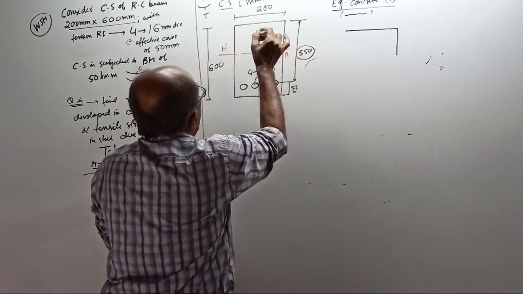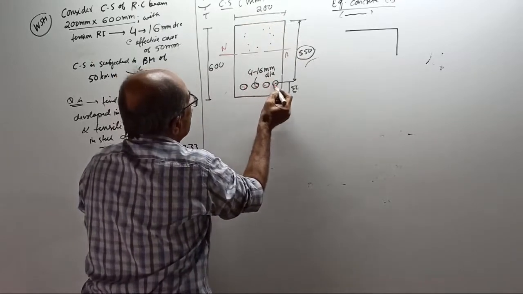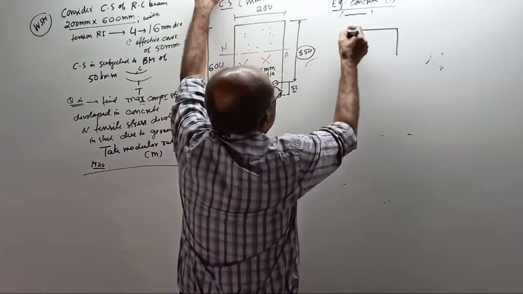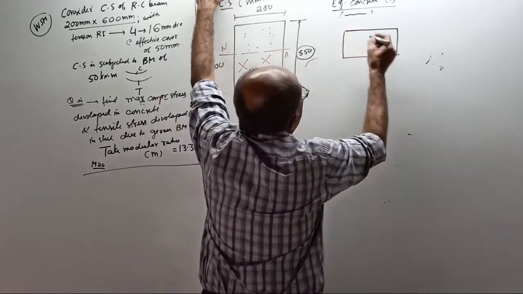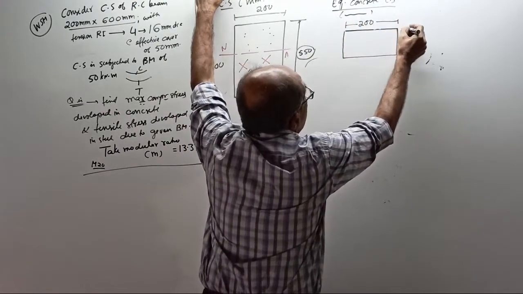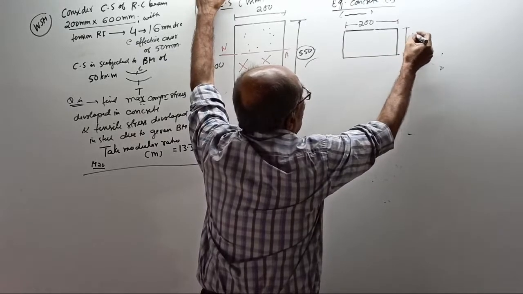So the upper side is in compression. This is in tension, this is ignored. Therefore, there is compression area here of 200 width and depth, I don't know, I will take the depth as y bar from top.